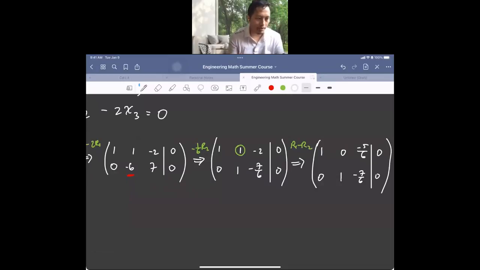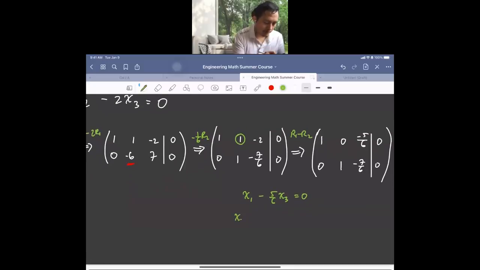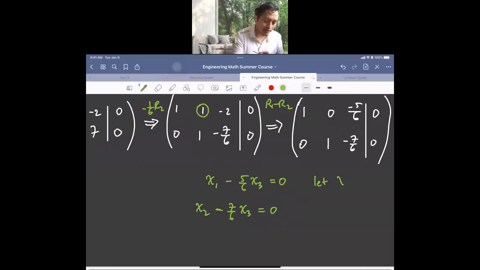The solution of the system here, we see that x1 minus 5 over 6 x3 is 0, and x2 minus 7 over 6 x3 is also 0. Now, what can we do to make this happen? We need to define one of the variables as just t, so it can be any number.